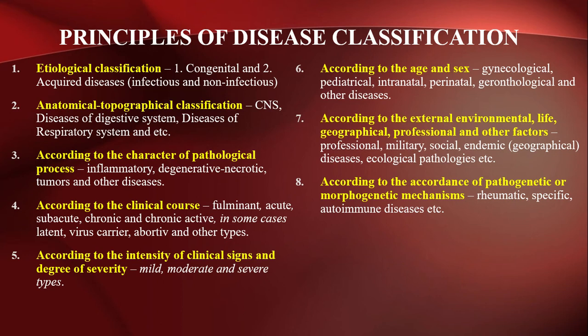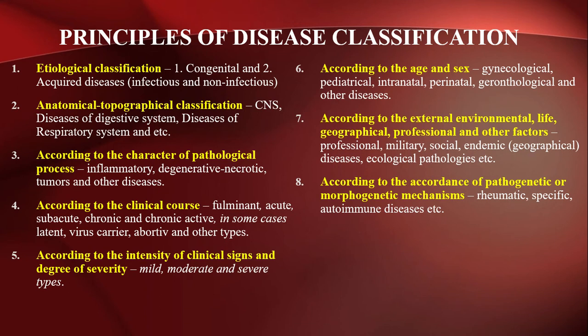Second, anatomical topographical classification. For example, diseases of the central nervous system, diseases of the digestive system, diseases of the respiratory system, etc. According to the character of the pathological process, there are inflammatory diseases, degenerative necrotic diseases, tumors, and other diseases.